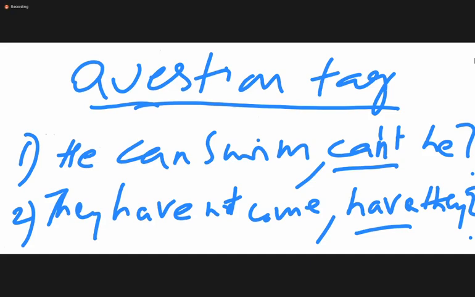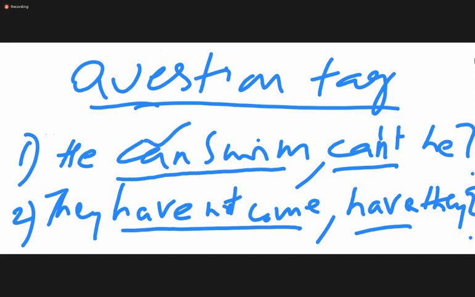If the statement contains a helping verb in the verb structure, the same helping verb is repeated in the question tag. Observe, he can swim: can is used as the helping verb. They haven't come: have is used as the helping verb. Because in these two statements we have helping verbs, the same are repeated in the question tag. That is one thing.